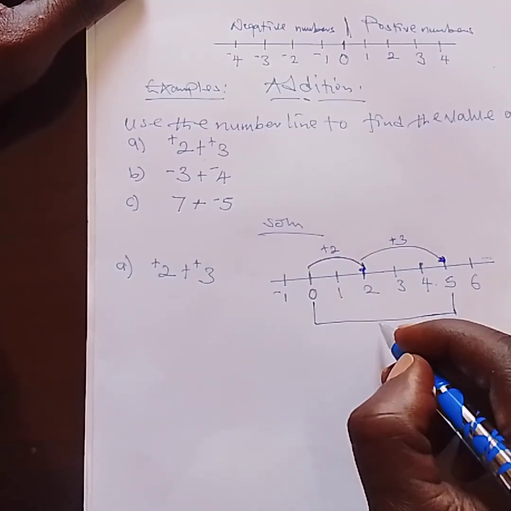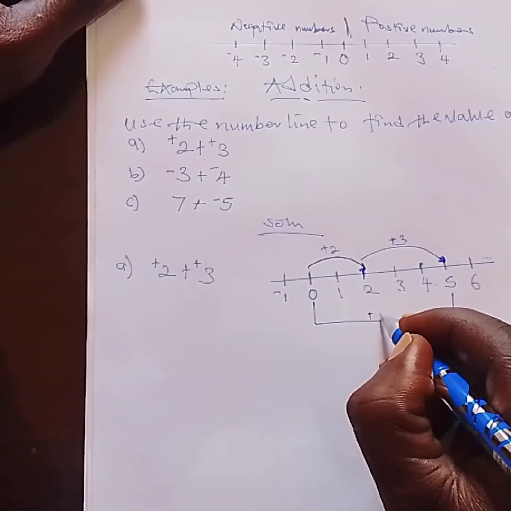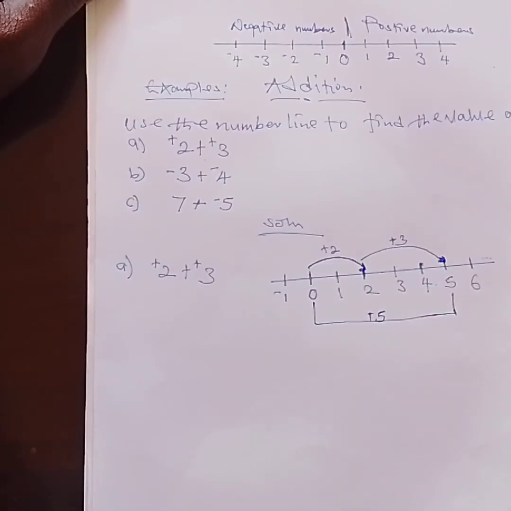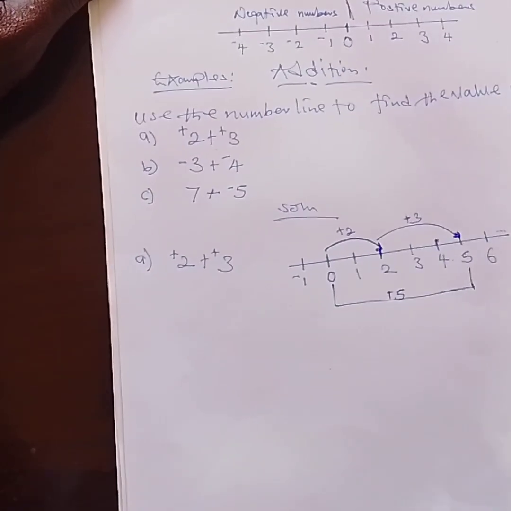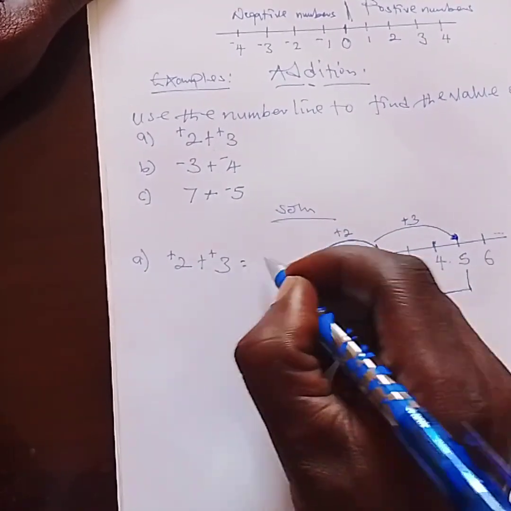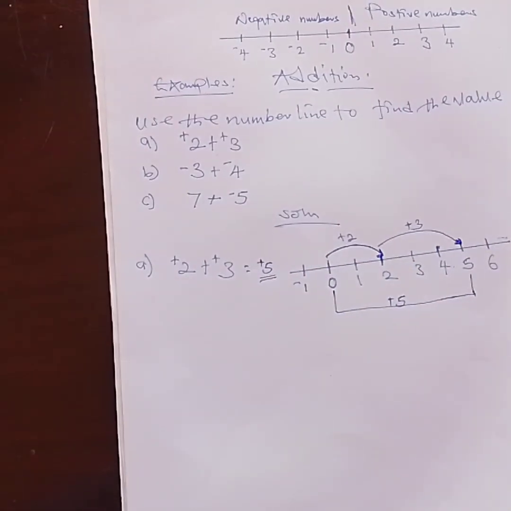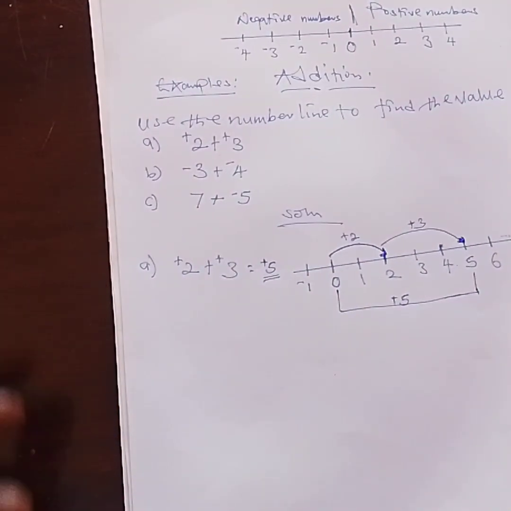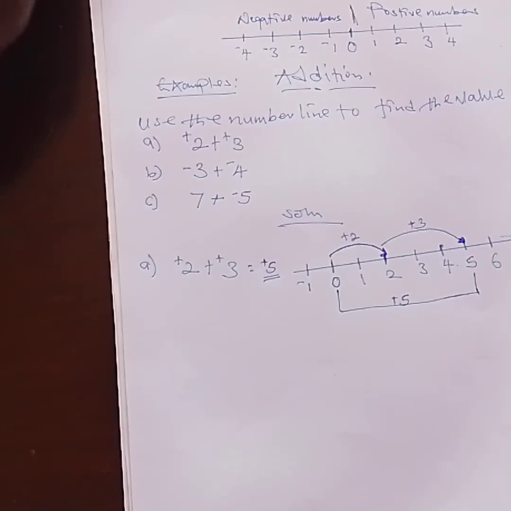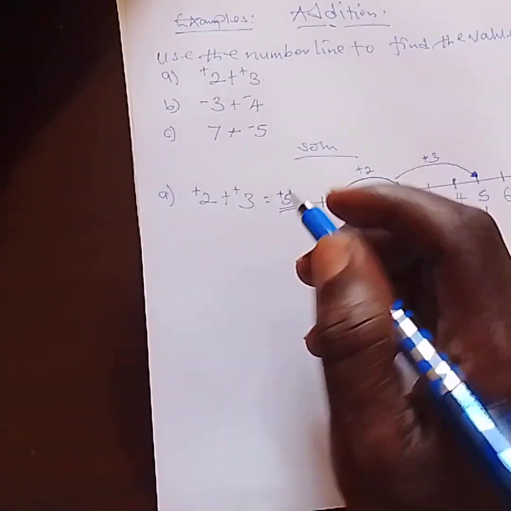So here we have positive 5 as our answer. Therefore, our answer is going to be positive 5. That's how you find the number using the number line. So now let's go to the B part.